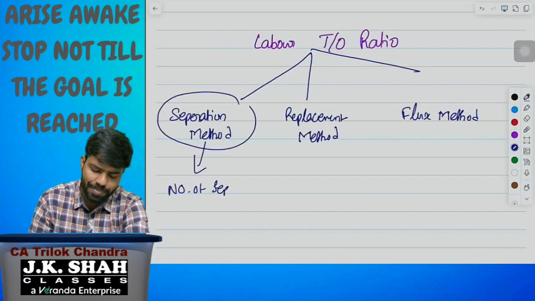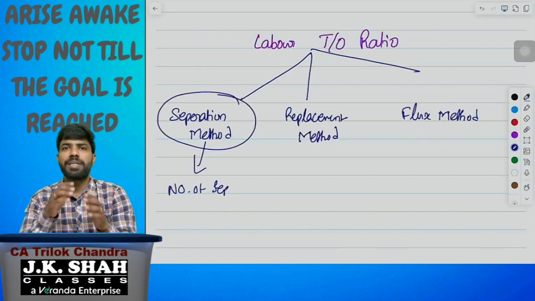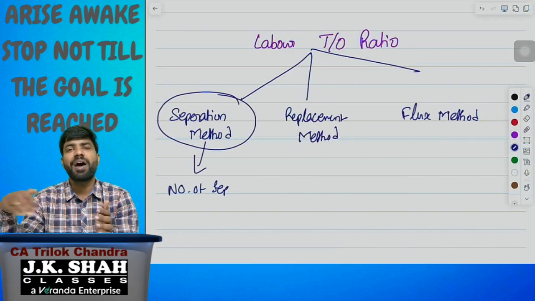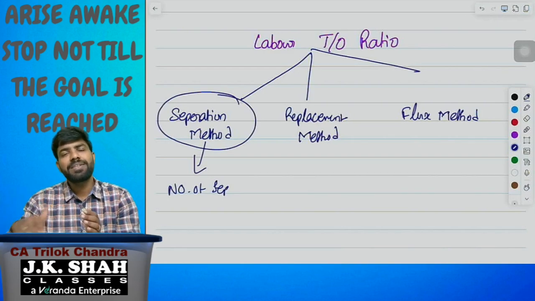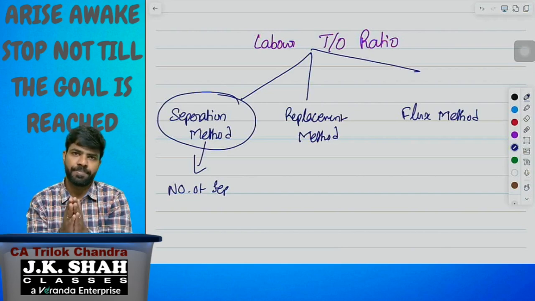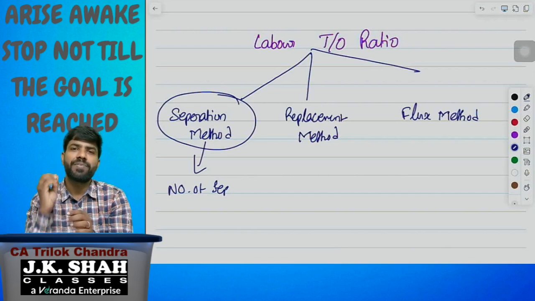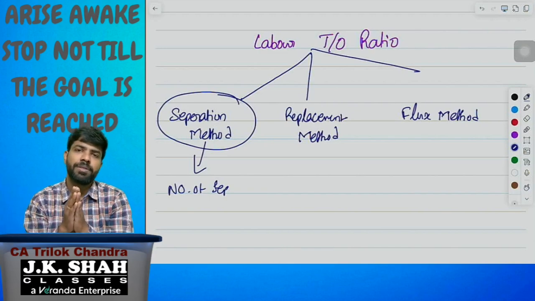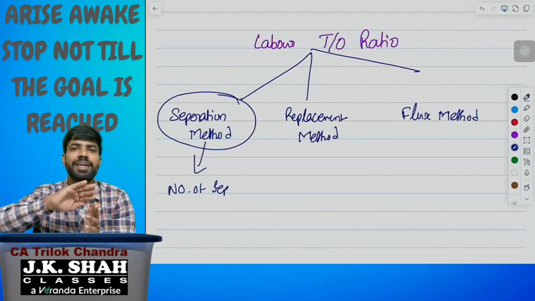Separation method, number of separations. First of all, what is separation method? The employees who get separated from the organization. The separation can happen for any reason. It can be because of death, accident, voluntary retirement, shifting to some other company, discarded due to misbehavior. It can be because of any reason; we are going to take it as separation.